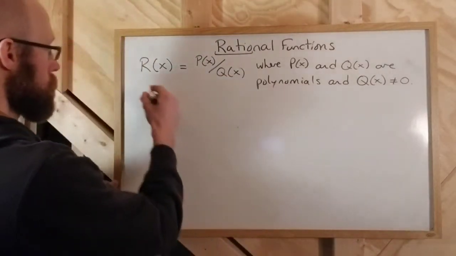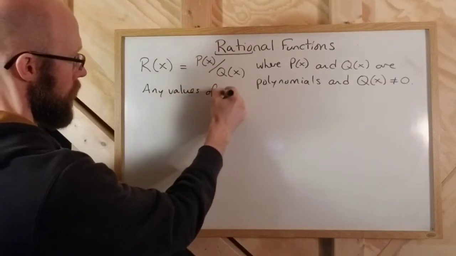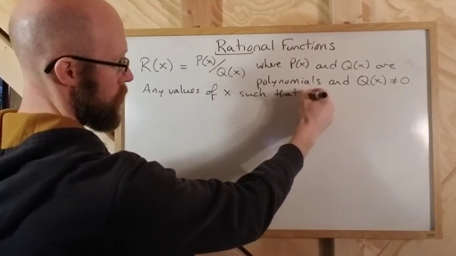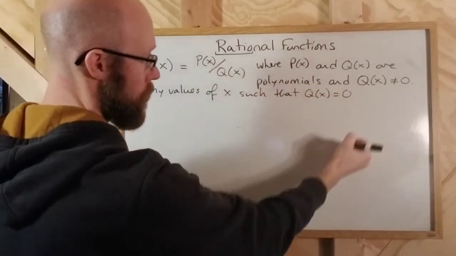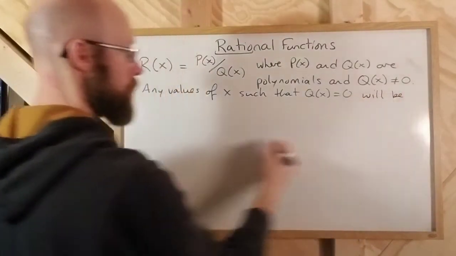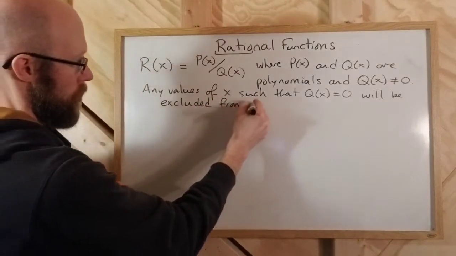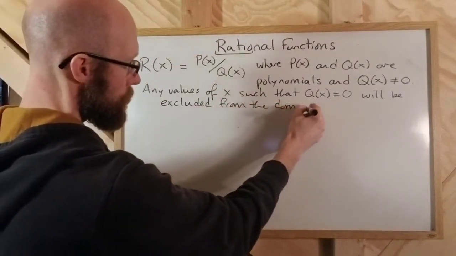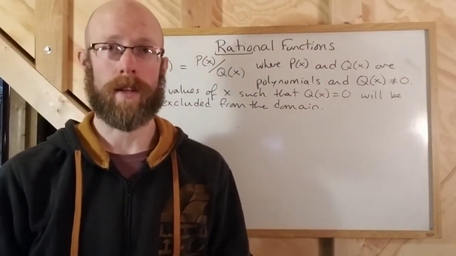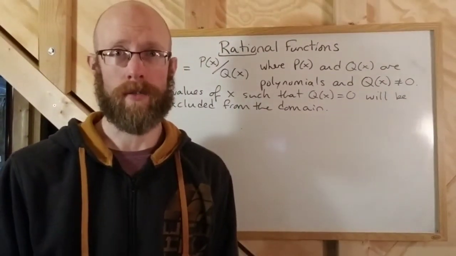So any values of x such that q of x equals 0 will be excluded from the domain. So that point will not exist on the graph. There won't be a point on the graph at those x values.